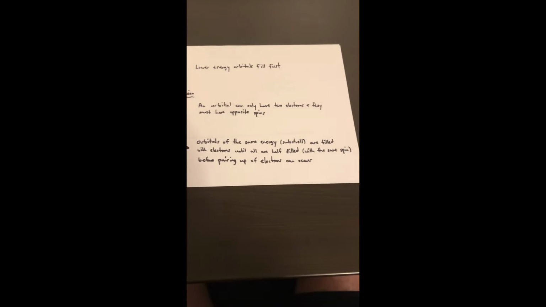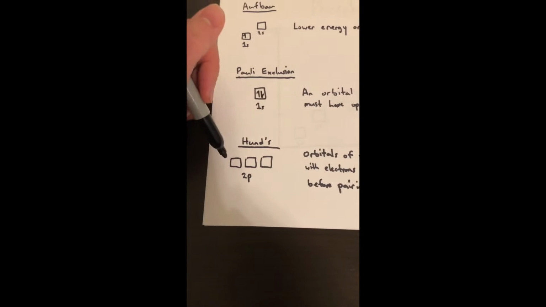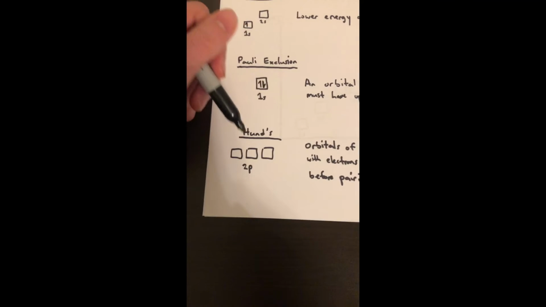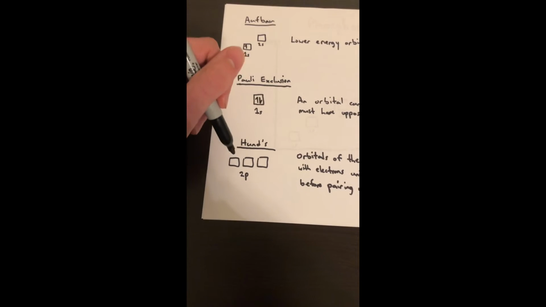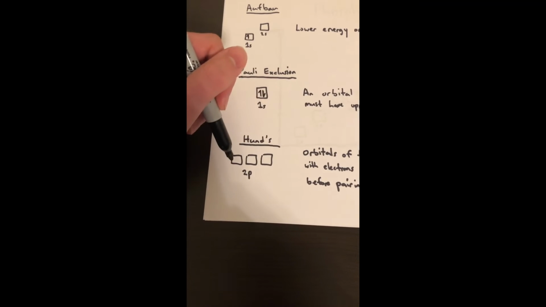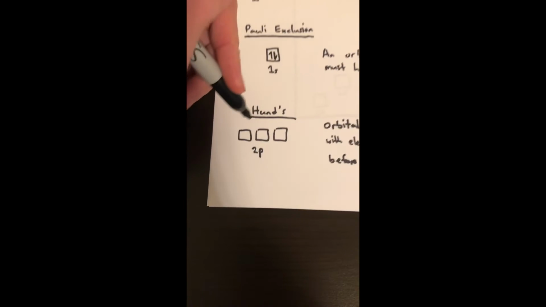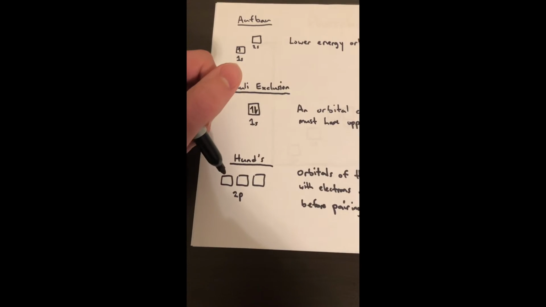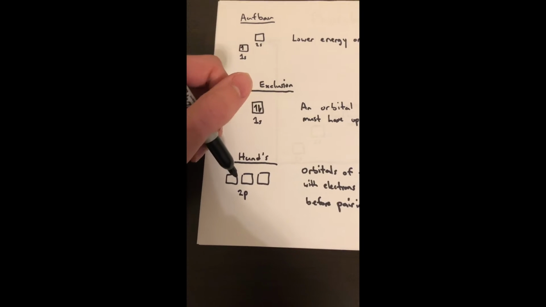And now Hund's rule states that orbitals of the same energy or subshell are filled with electrons until all are half filled with the same spin before pairing up of electrons can occur. So this basically means that, for example, in a 2p subshell, these orbitals should be filled with one arrow in the same direction before filling the orbitals with the other arrow in the other direction.